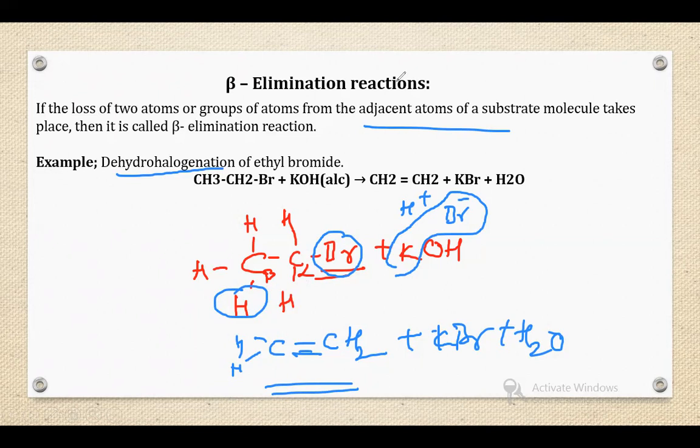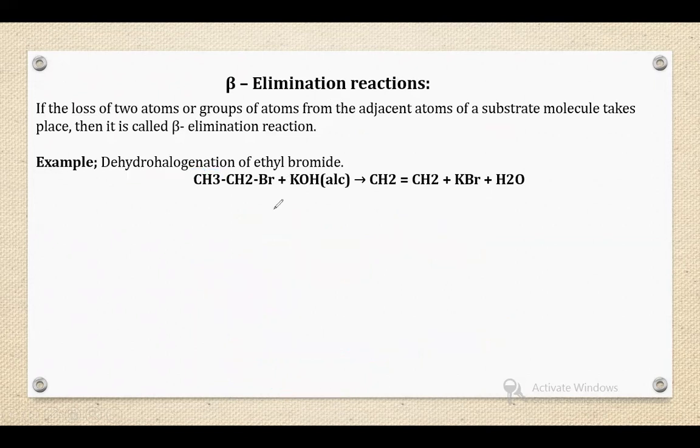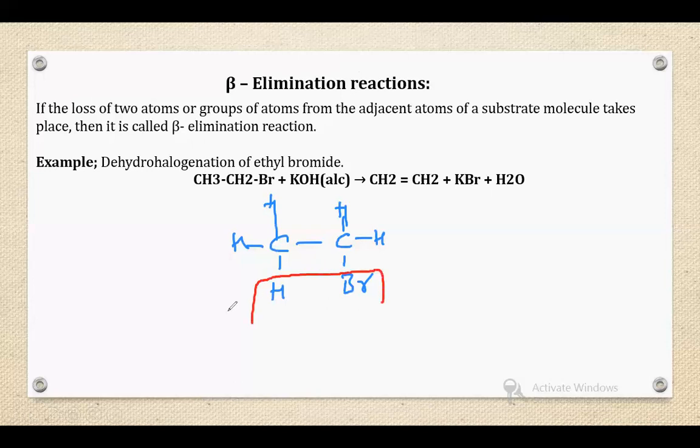Dehydrohalogenation, to understand, I can write it like this also: carbon, carbon, with hydrogens and Br. This is C2H5Br, so elimination takes place from carbons 1 and 2, from the beta hydrogen.